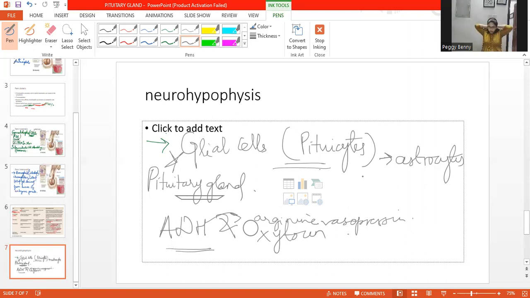One is that it helps in the contraction of smooth muscles of the uterus, that is, uterine contraction.